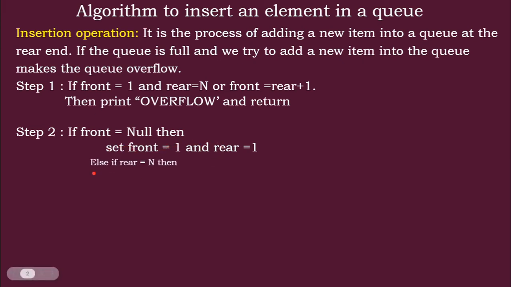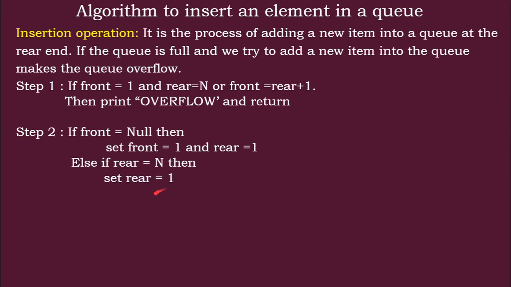Else if rear is equal to n, that means here front is not equal to 1 and rear is not equal to n, which means the queue is not full and also the queue is not empty. Then what you have to do? Else if rear is equal to n, then we have to set rear is equal to 1.